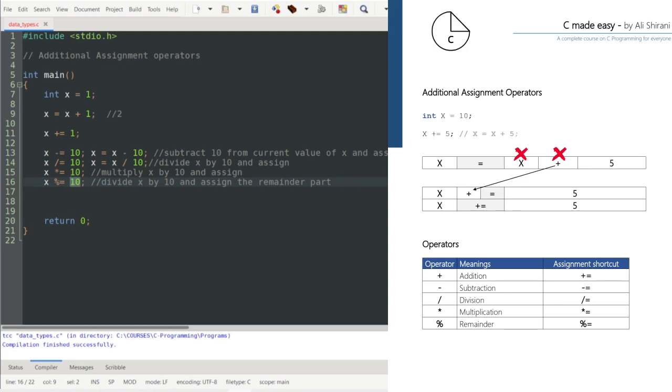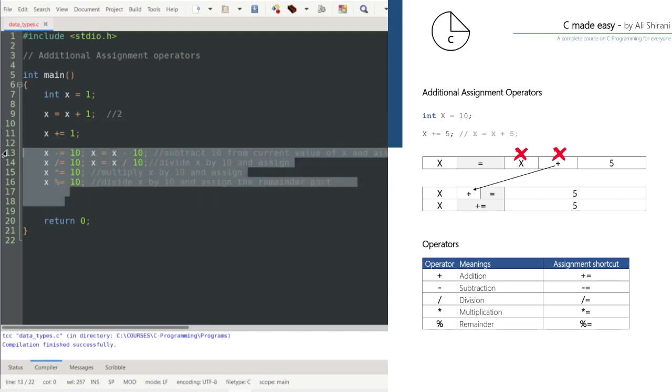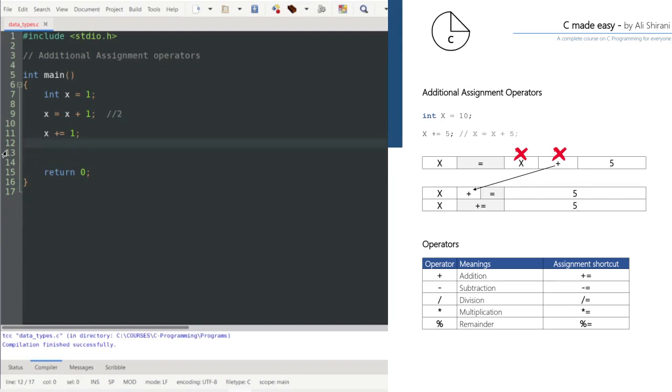A mistake that so many people make here, the beginners, the students, the common mistake they make is they put a white space in between the plus or minus or this asterisk and the equal sign. They put a space in between these two characters.